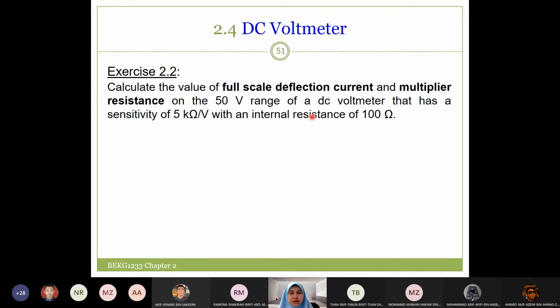This PMMC creates a voltmeter with 50 V range with sensitivity of 5K ohm per volt. So you have to find the IM or IFSD and RS. So find it yourself. You can compare your answer with your friend, okay?